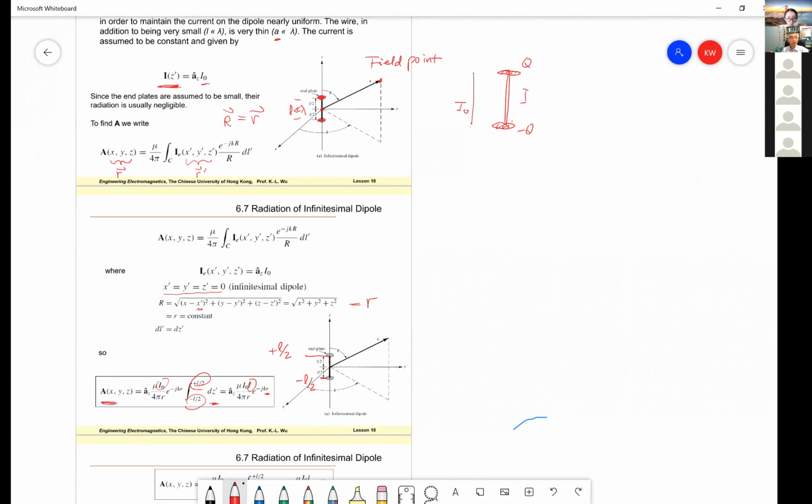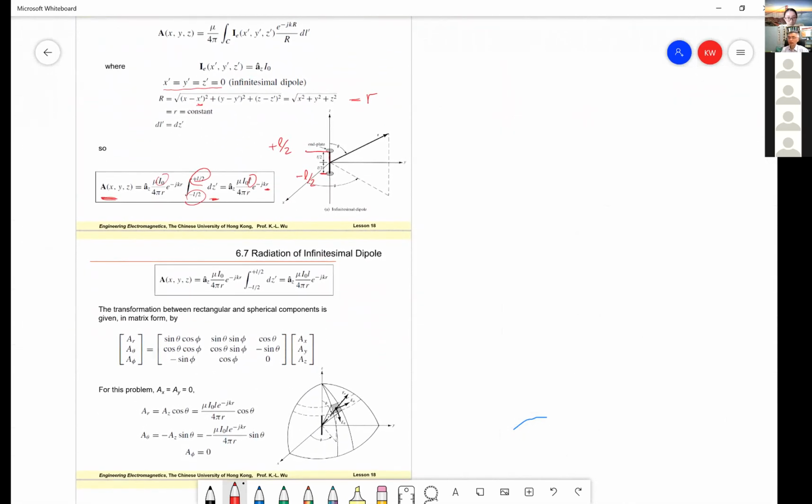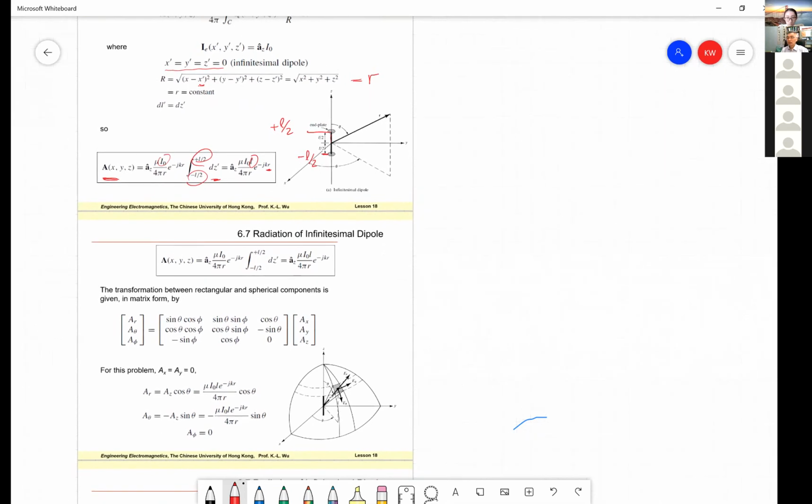Now we can find what the A potential is. Once we find the A potential, when we derive it, it is only in the X, Y, Z coordinate system. But to describe the field radiated by a small dipole, you can imagine the antenna radiates in all directions, right?